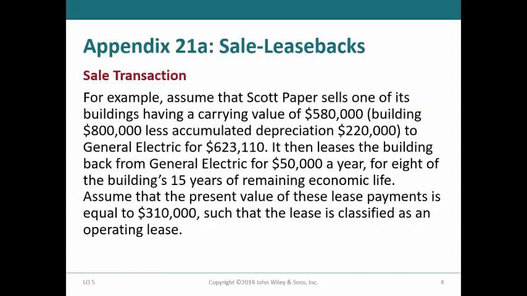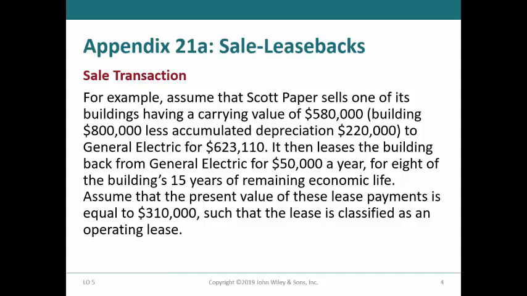For the illustration of a sale-leaseback that will be considered to be a true sale, we will first assume that Scott Paper Company sells one of its buildings having a carrying value of $580,000 to General Electric for $623,110.